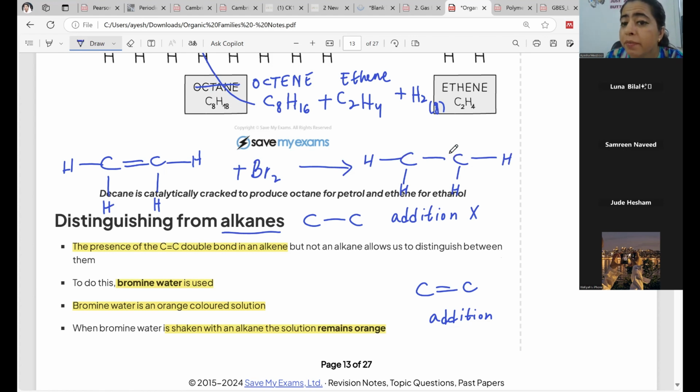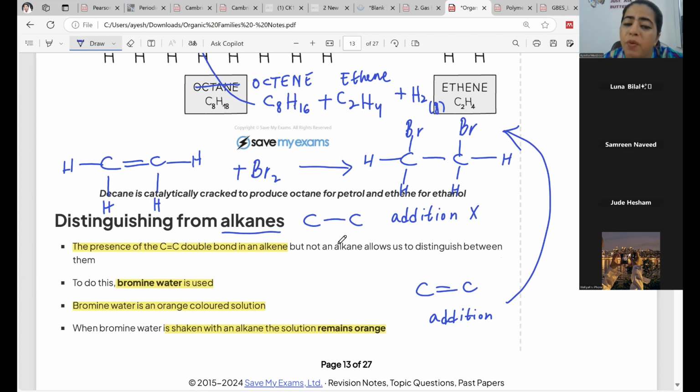They can add something on it, meaning they can make one bond over here, one bond over here. So one Br can add on this carbon, one Br can add on this carbon. So this is called an addition reaction. But in case of the single bond it is not possible. It's already single.